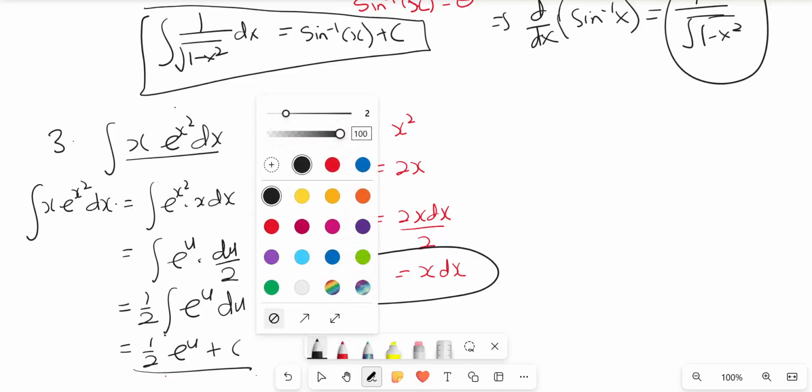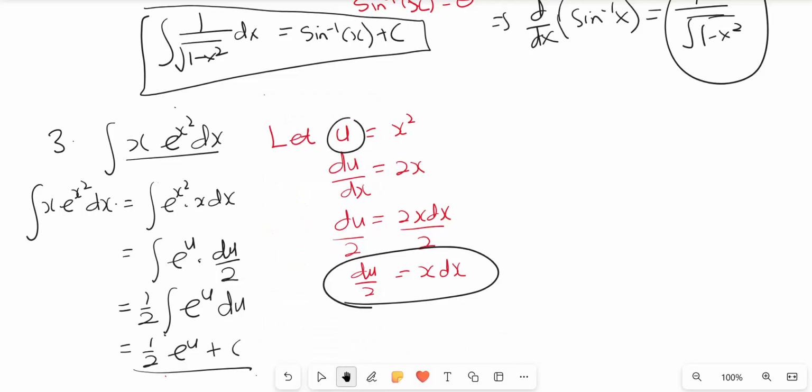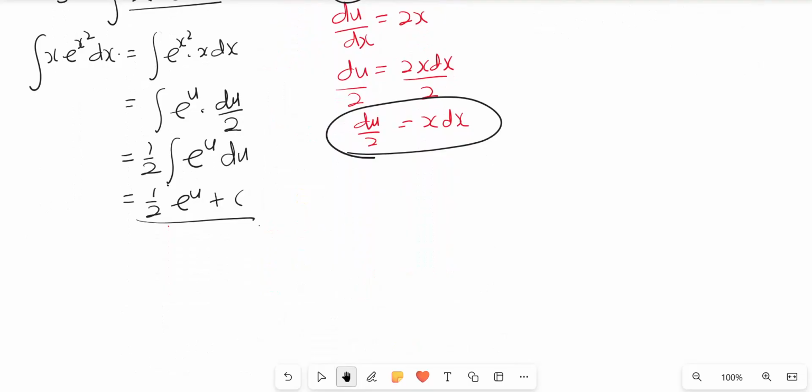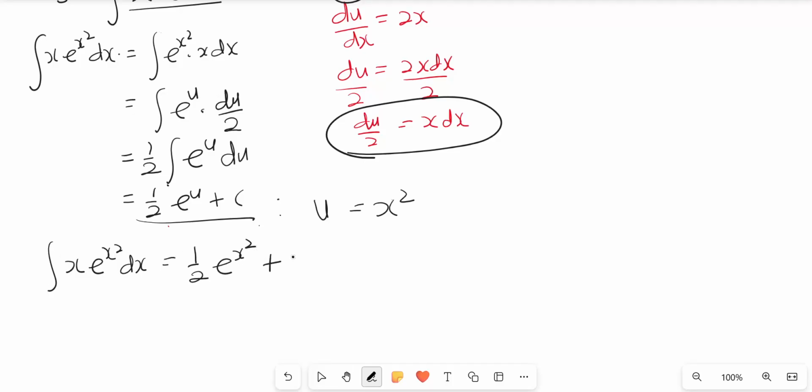We know that u is equal to x squared. That is from our u sub. So we can just plug that back in, and we have our integral of x e to the x squared dx equal to 1/2 e to the x squared plus c.